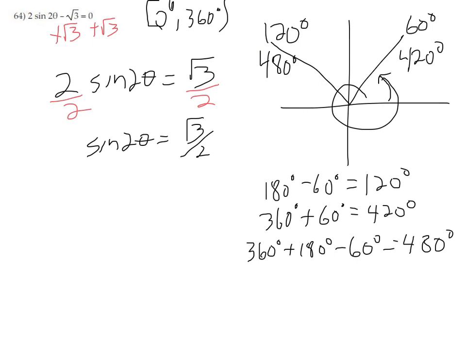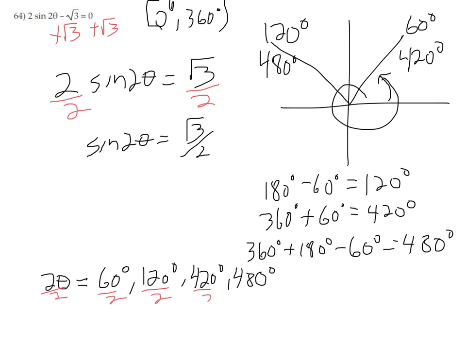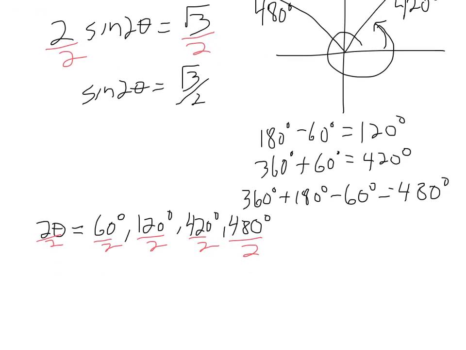So this gives us, therefore, 2 theta equals 60 degrees, 120 degrees, 420 degrees, 480 degrees. But we still have to divide by 2 to solve for theta.